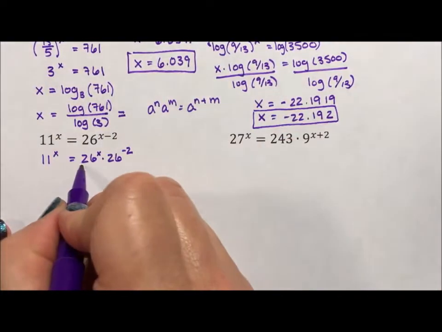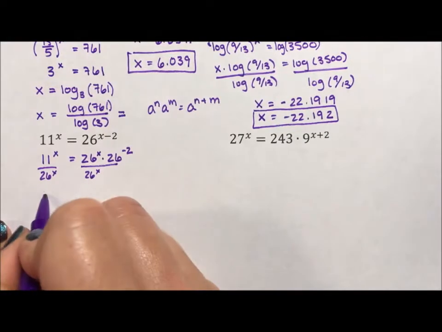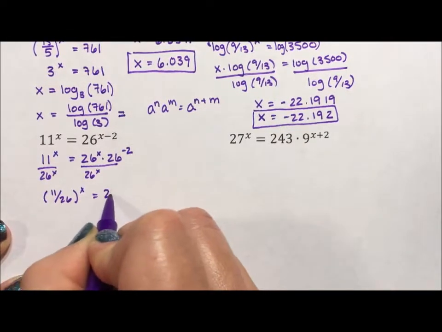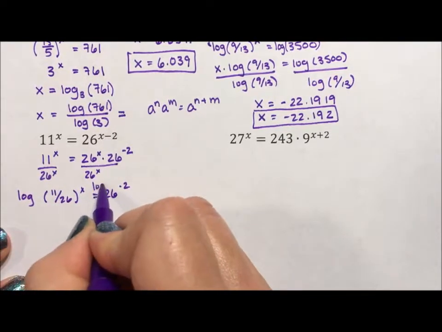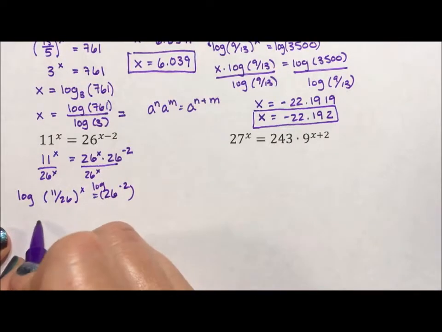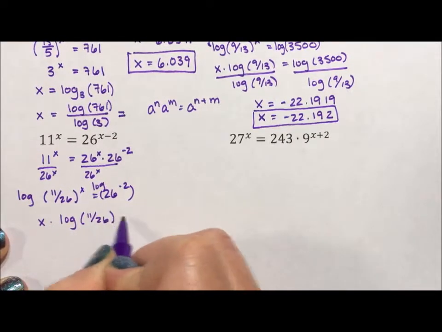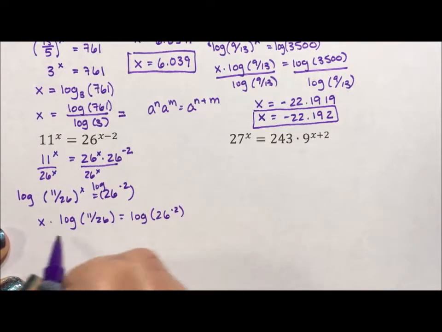Now everything is going to be the same. 26 to the x, 26 to the x: 11 divided by 26 to the x equals 26 to the negative 2. I'm going to take the log of both sides, so that x times log of 11 over 26 equals log of 26 to the negative 2.